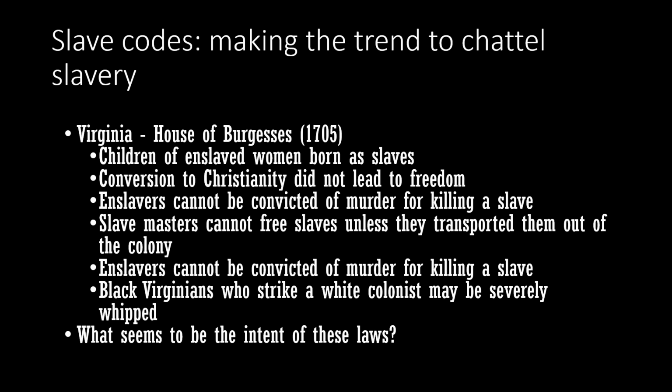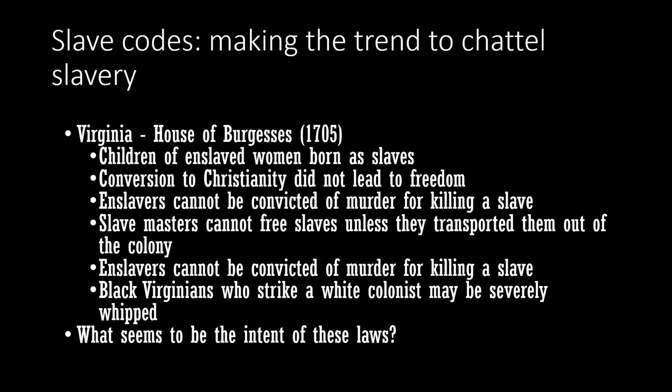They also made sure to point out that conversion to Christianity would not lead to freedom, among other policies. They also mandated that enslavers could not be convicted of murder for killing a slave. Among other practices that they legislated, they also made it so that slave masters could not free their slaves unless they transported them out of the colony.